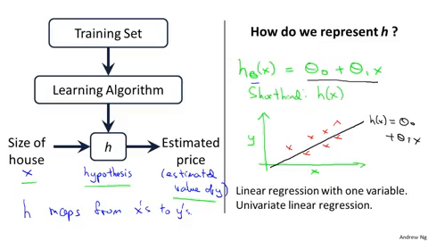This model is called linear regression, or this particular example is actually linear regression with one variable, with the variable being x. So predicting housing prices is a function of the one variable x. Another name for this model is univariate linear regression, and univariate is just a fancy way of saying one variable. So that's linear regression. In the next video, we'll start to talk about just how to go about implementing this model.